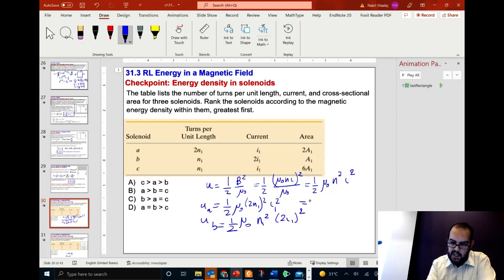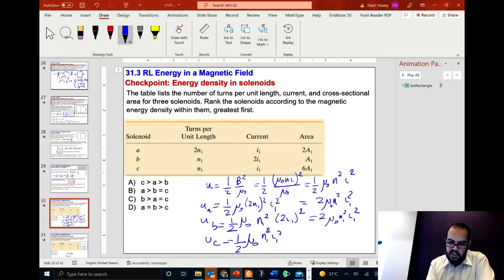So here we can write this as 2 mu 0 n1 squared I1 squared. This is also the same thing, 2 mu 0 n1 squared I1 squared. UC is going to be 1/2 mu 0 n1 squared I1 squared.